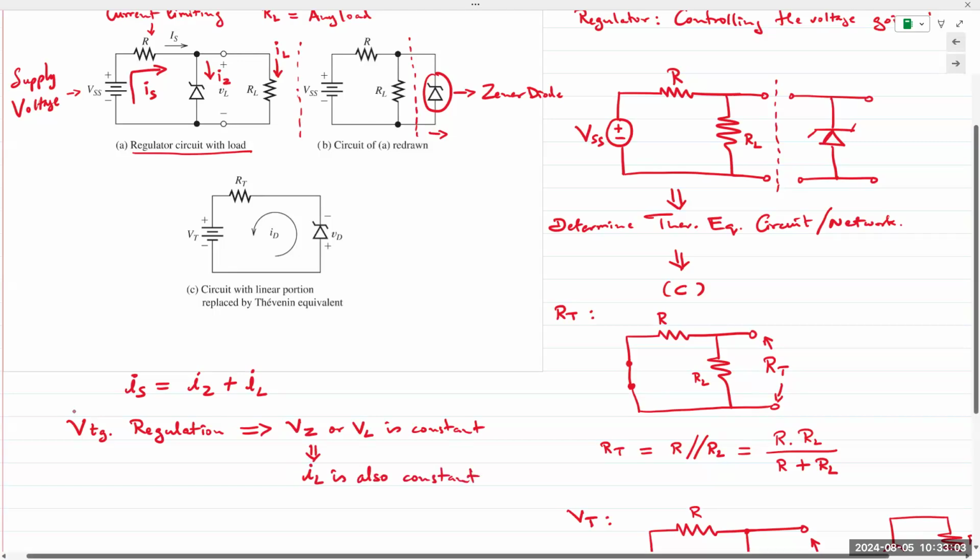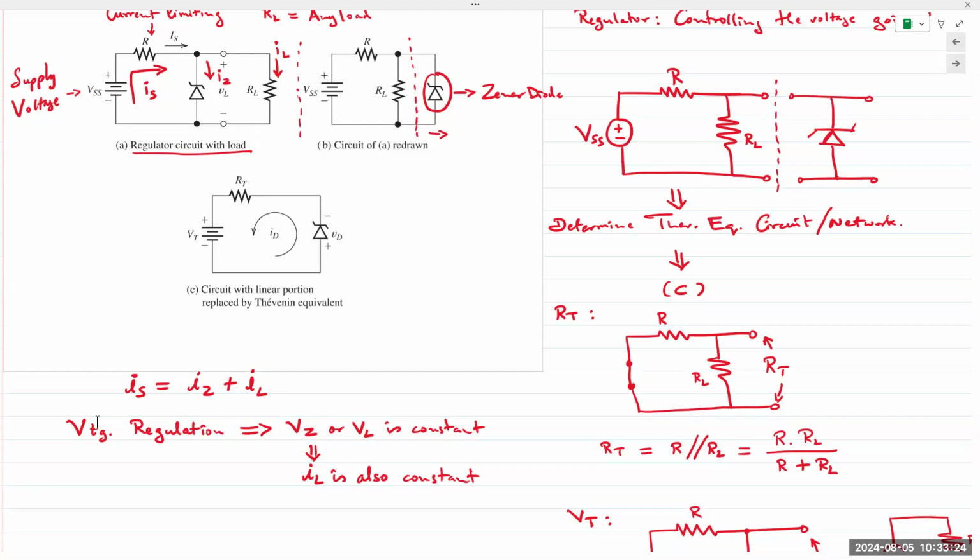So looking at that KCL equation, what is the quantity that has to change? We have the KCL equation, IS is equal to IZ plus IL. If IS increases, but IL remains the same, then IZ must increase.